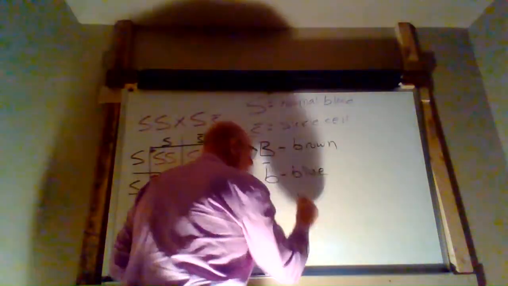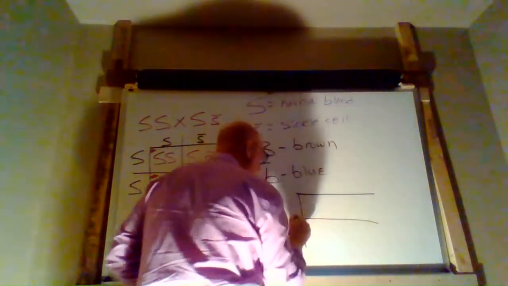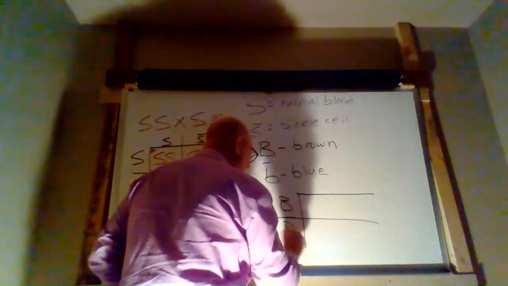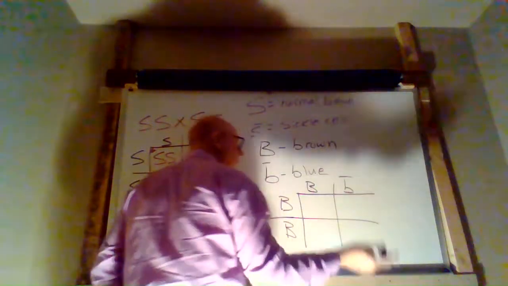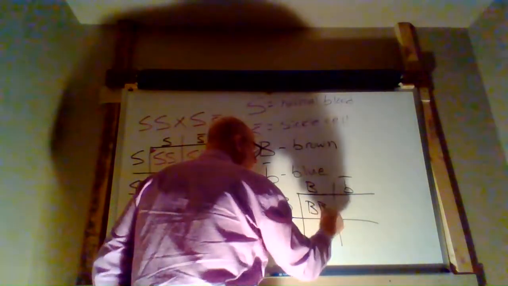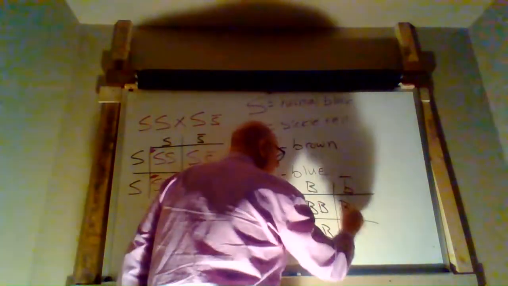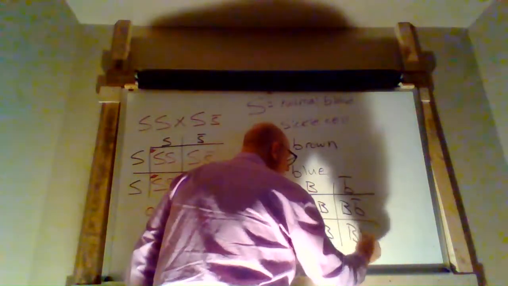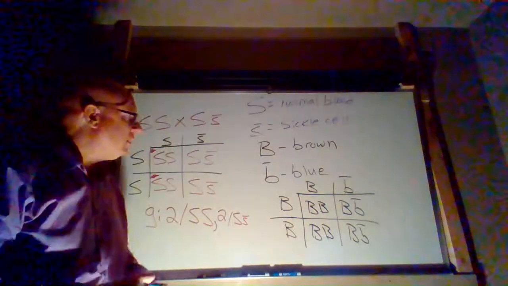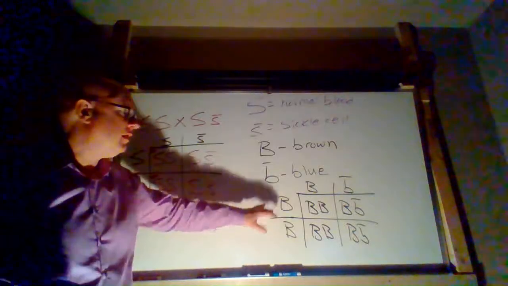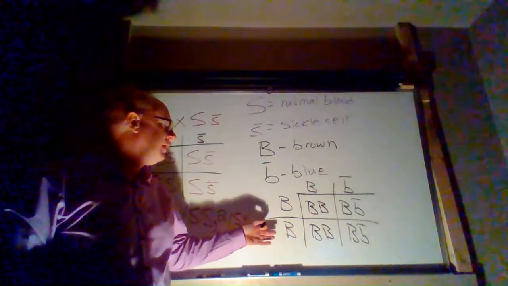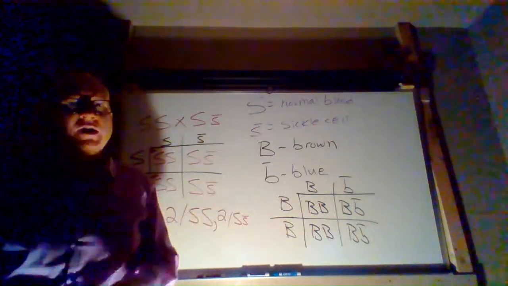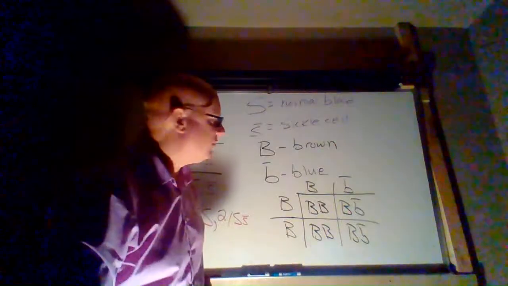Because if one parent is homozygous dominant, big B and big B, and someone may be heterozygous for blue eye color, that's going to be a brown-eyed outcome. That's a brown-eyed outcome. That's a brown-eyed outcome. And that's a brown-eyed outcome. Both parents have got brown eyes. All offspring also have brown eyes. So we explain this by saying, well, both of them must have that recessive trait. It's just not being expressed.